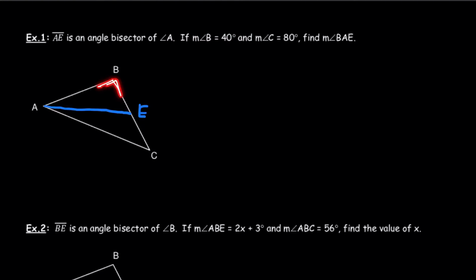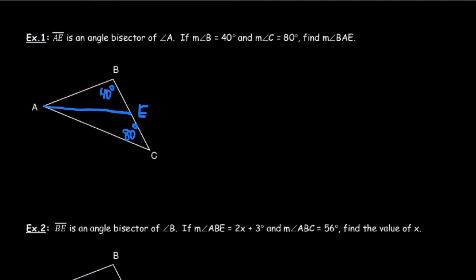Well, look, B is up here. That's going to be 40 degrees. And the measure of angle C, which is down here, is 80 degrees. Find the measure of angle BAE. So that's this angle right here. That's what I'm looking for.